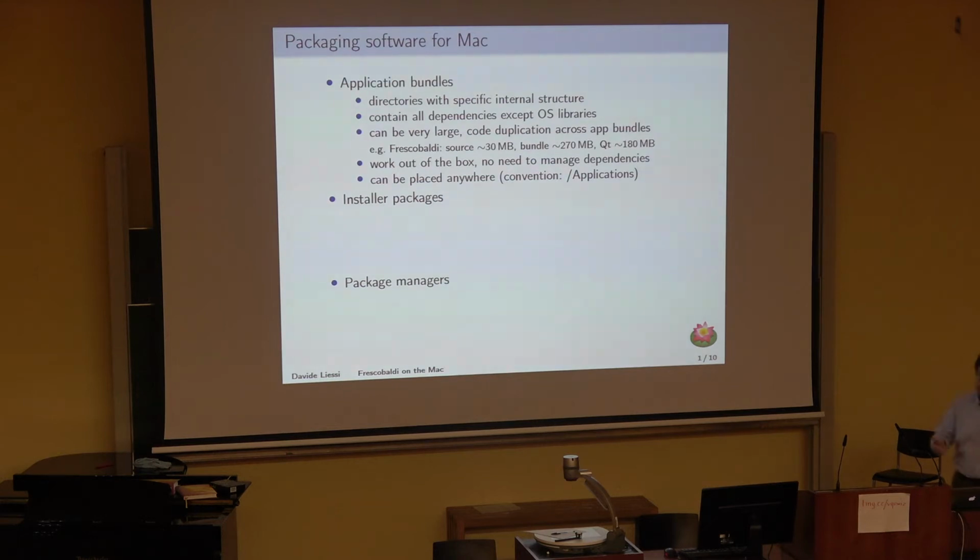This leads to code duplication across application bundles, because if I have two application bundles using Qt, I have two copies of Qt, one per each application bundle. This is the main disadvantage. The advantage is that they should work out of the box, and there is no need to manage the dependencies.